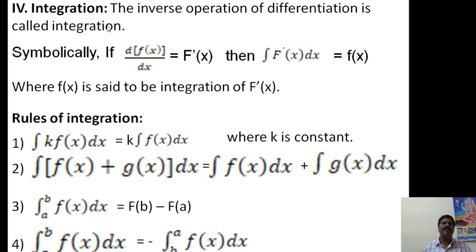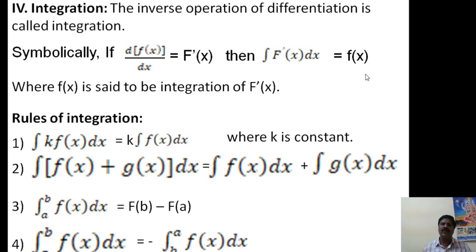Integration can be defined as the inverse operation of differentiation. Symbolically, if the differentiation of f of x, d/dx of f(x), is equal to f dash x, the first derivative of f of x, then the integration of the first derivative f dash x dx gives the original function f of x.